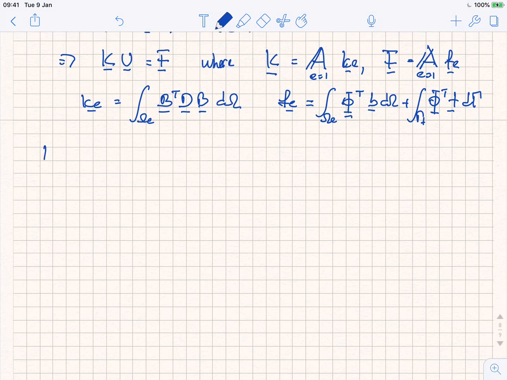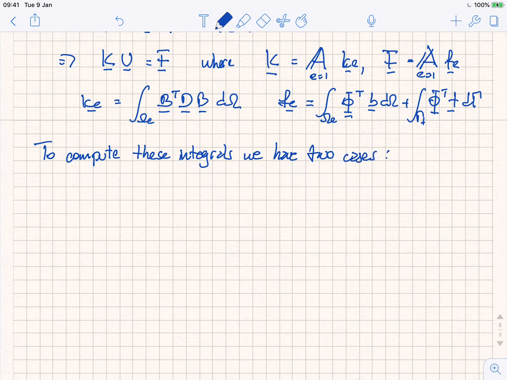So let me write that down. We have two cases. Case A, the integrand is a smooth function, or C infinity, on omega A, where omega A is the element.